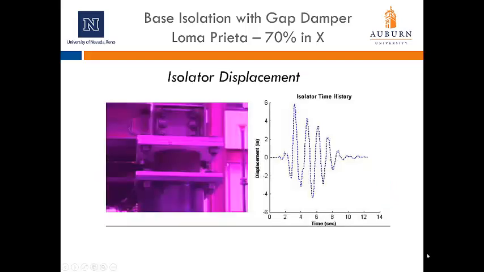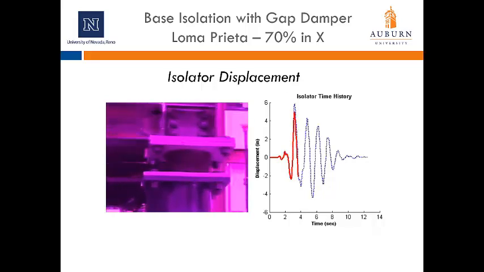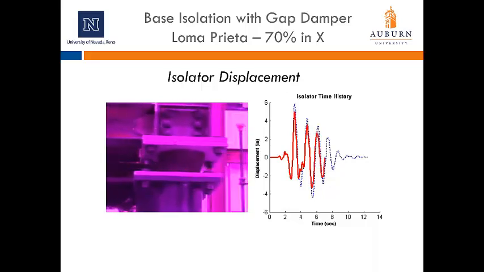The next couple of clips focus on the motion of the isolator. Show the isolator movement on the left. On the right, we show the isolator displacement history. The blue is for the base isolation configuration, and it's traced over by the displacement for the system in the gap damper configuration. And you can see the reduction in displacement demand that is being provided by the gap damping.